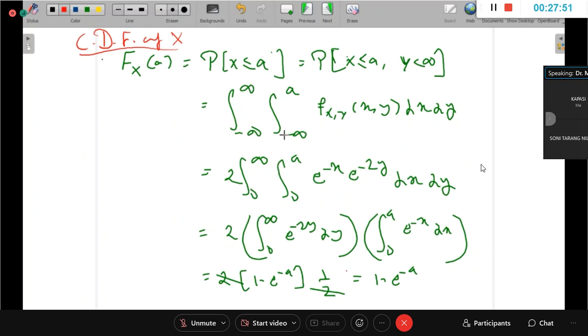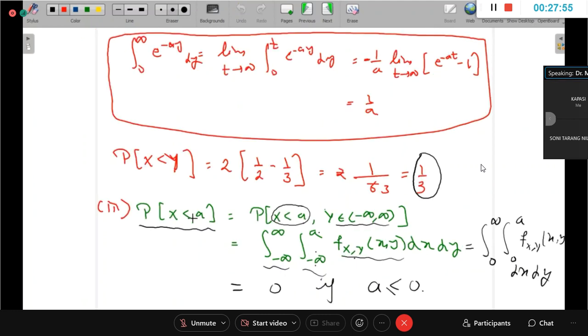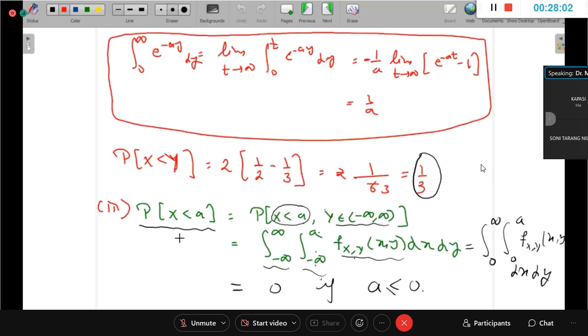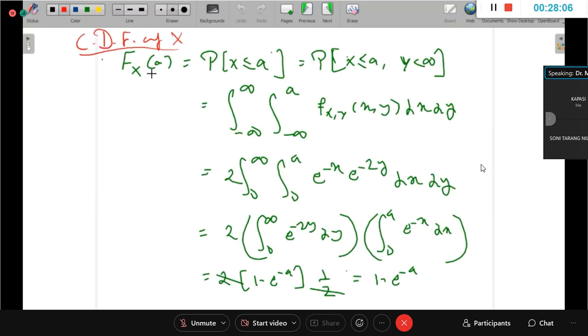In the same fashion, we have this less than a, that is, less than or equal to a. So this is nothing but the cumulative distribution function, right?